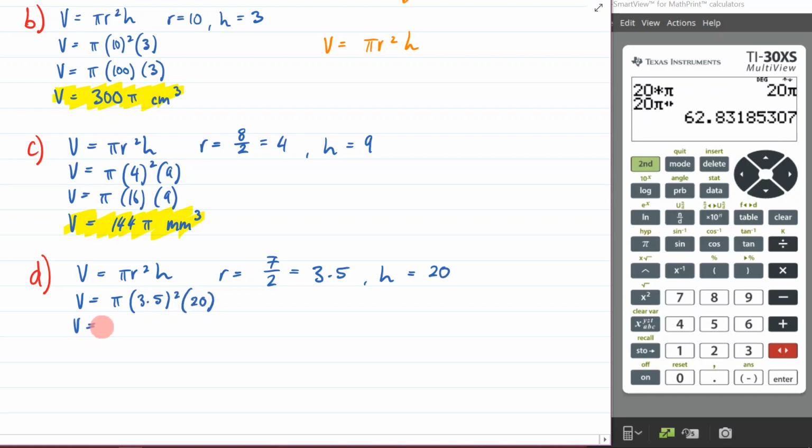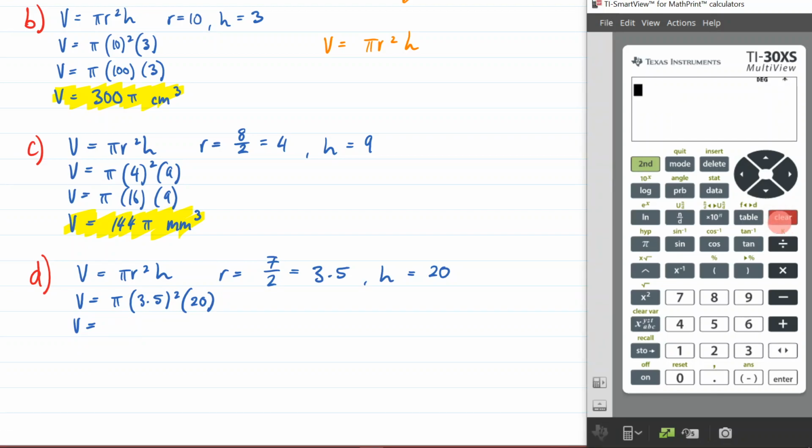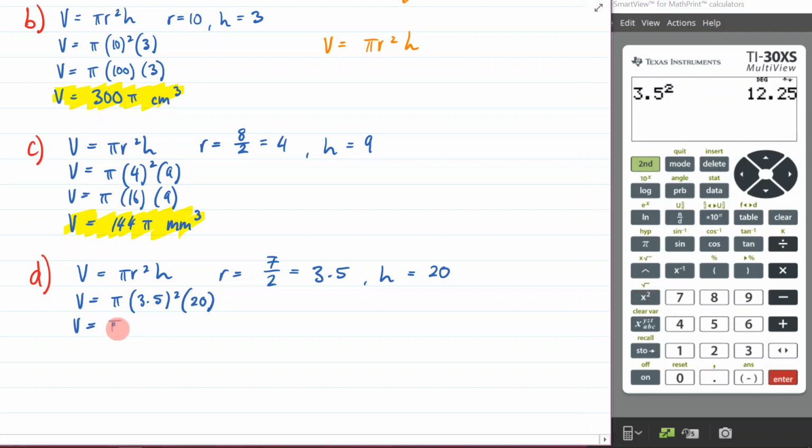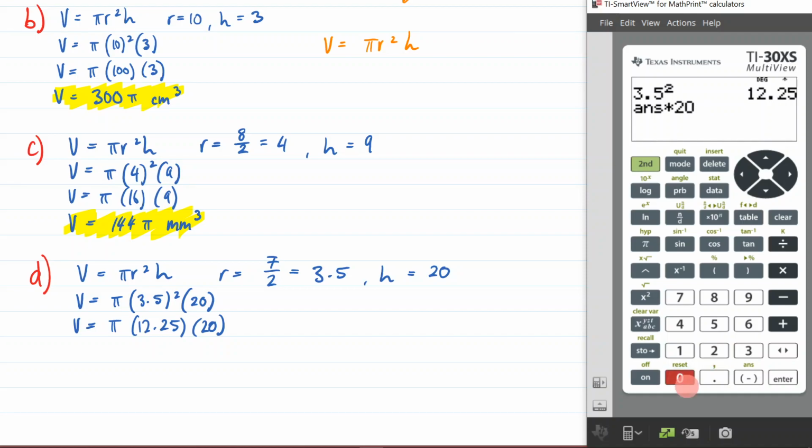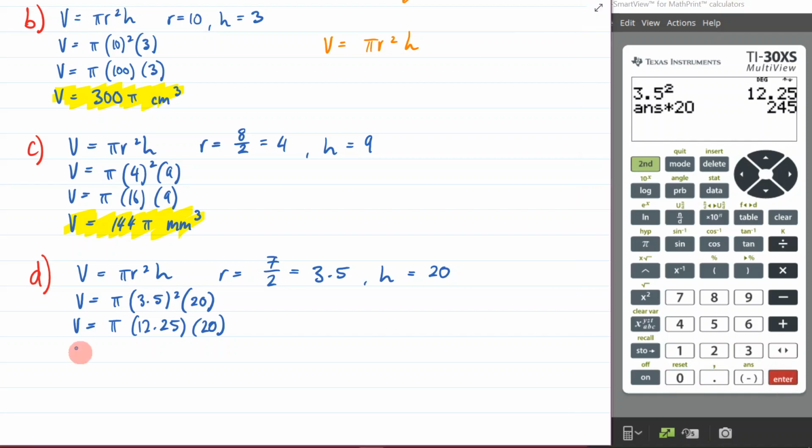I'm going to use my calculator here. 3.5 squared is 12.25. Then I have to times that by 20, which is 245. 245 pi. And then this was in meters, so it'll be meters cubed. 245 pi meters cubed. There it is right there.